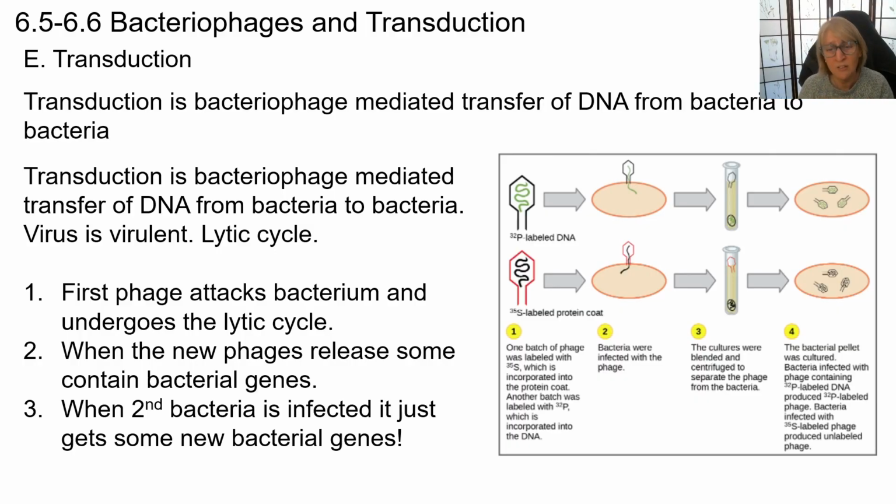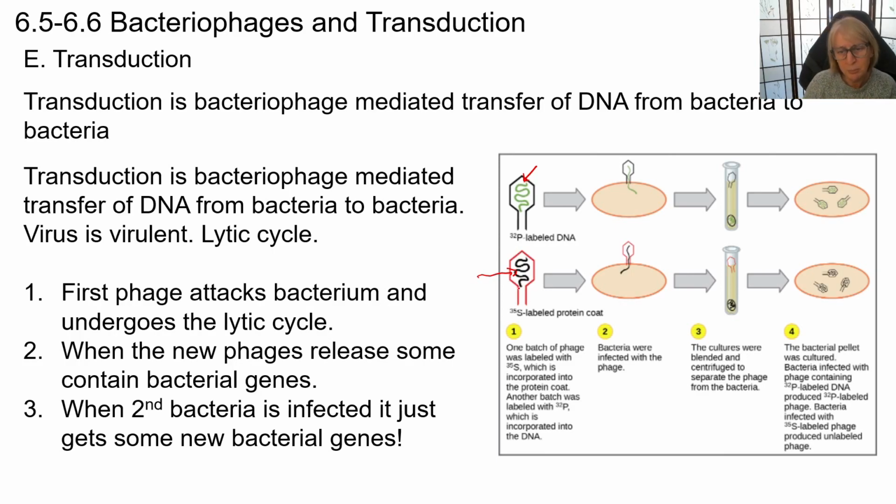Margaret Chase tagged different types of bacteriophages with different types of radioactivity. So she labeled the DNA in some cases, and she labeled the protein in other cases. When she labeled the protein with radioactivity, she could trace it through the lytic cycle and see what the baby phages, the little new phages, came out with.